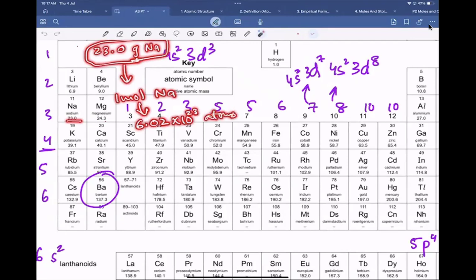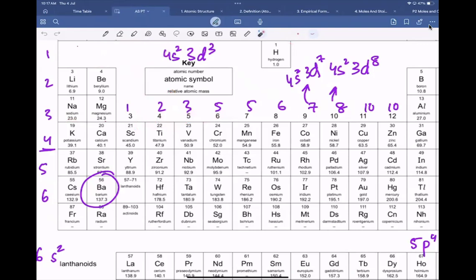Yes, sir. For example, the relative atomic mass of hydrogen is 1, so we don't use a unit with 1. But if I say 1 gram of hydrogen, then it means now I'm talking about 1 mole of hydrogen. And if I'm talking about 1 mole of hydrogen, then it means 6.02 exponent 23 atoms of hydrogen.